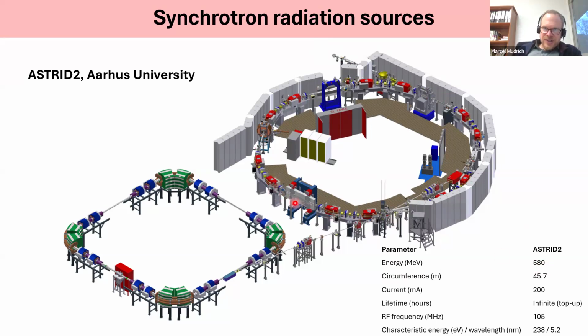But then to get the electrons to this quite high energy, the electrons have to be pre-accelerated, and like all these modern synchrotrons, this one has at least one booster ring, which is a first accelerator ring here, which pre-accelerates the electrons to this final energy.